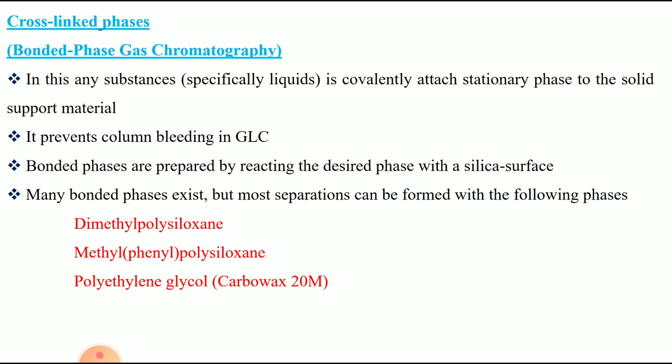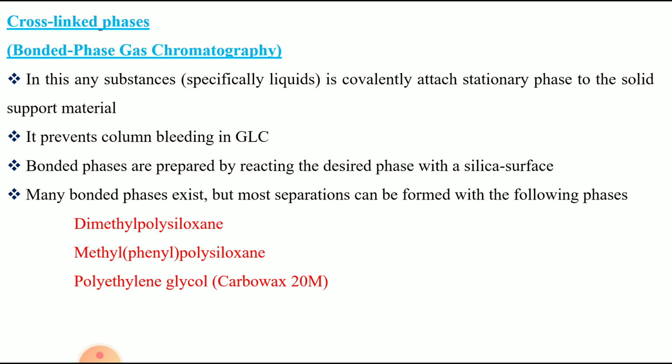The cross-linked phases. As the name suggests, there is a cross-linking reaction between a supporting material and the liquid which is coated on the supporting layer. So these are also called bonded phase gas chromatographic stationary phases. In this type of stationary phase, a covalent bond is generated between a solid support, meaning silica gel, and the liquid stationary phase.